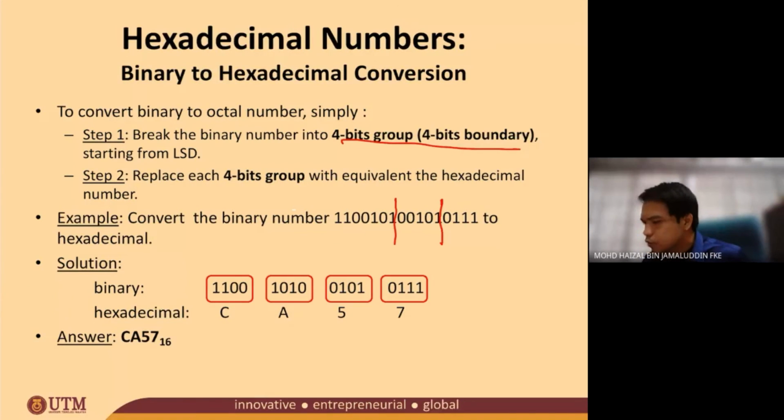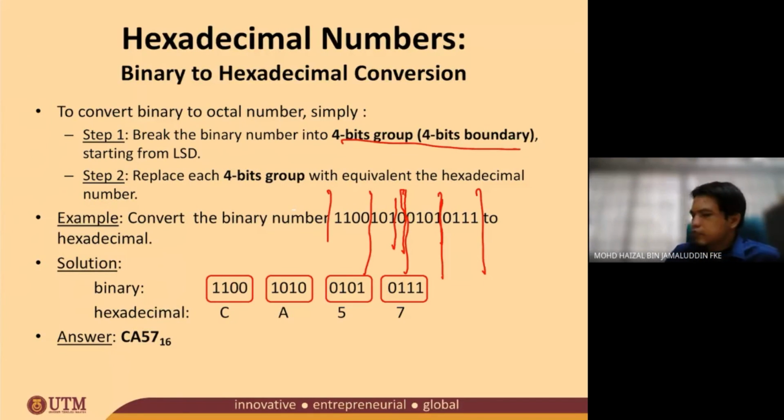Okay, never mind. So this supposed to be here. Okay, so this is here. So you partition it and take the value, and you already sketch the table, hexadecimal table. So it's much more easier for you to change from binary to hexa.